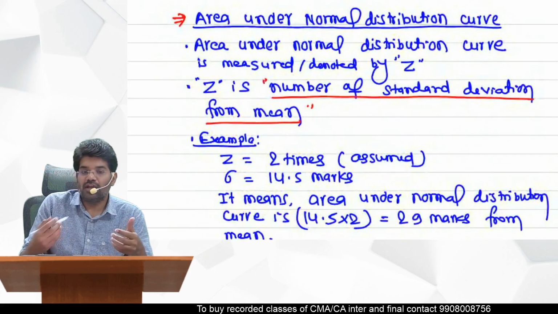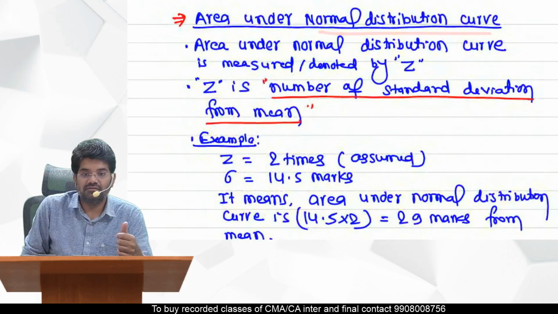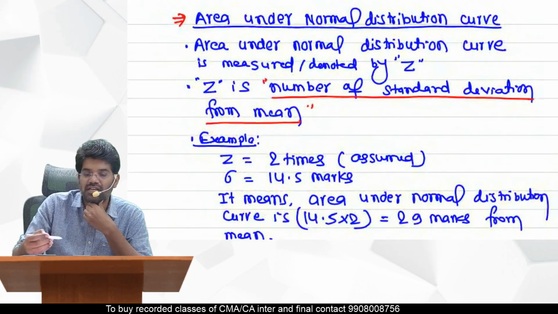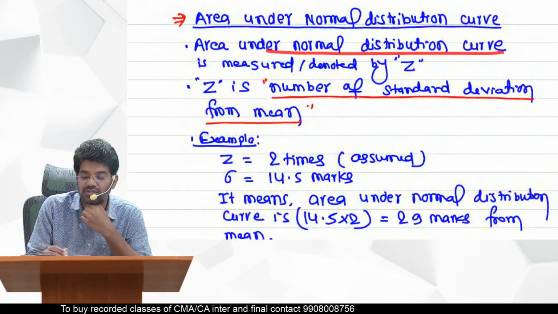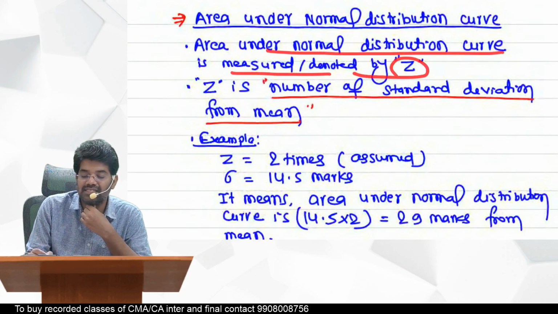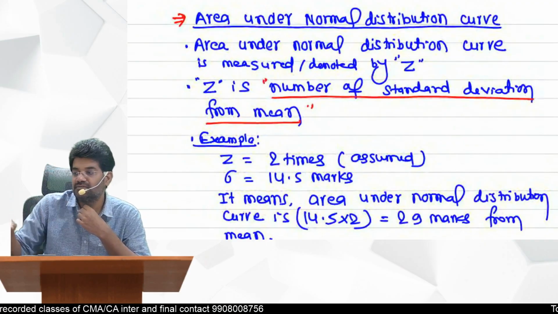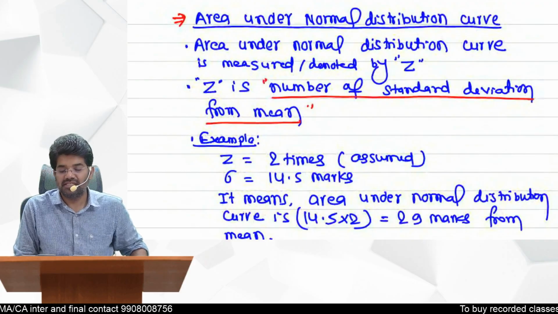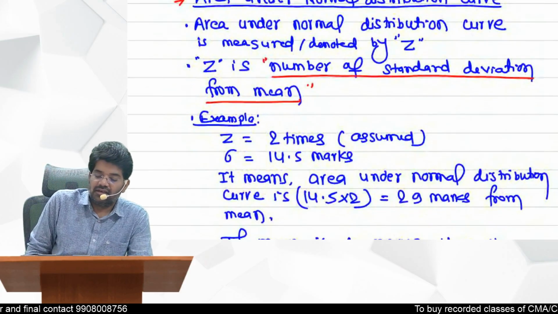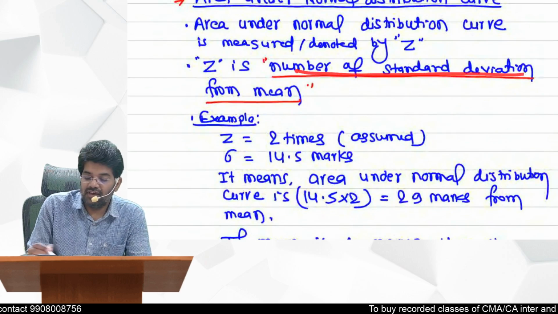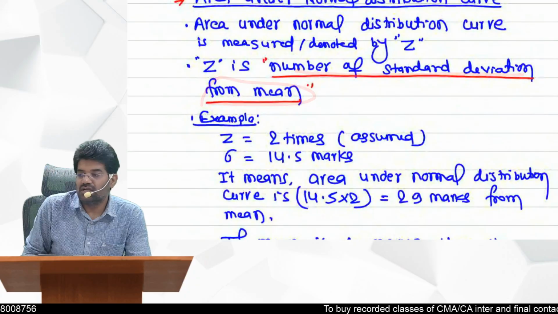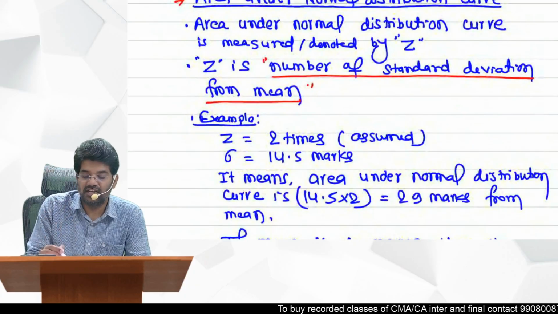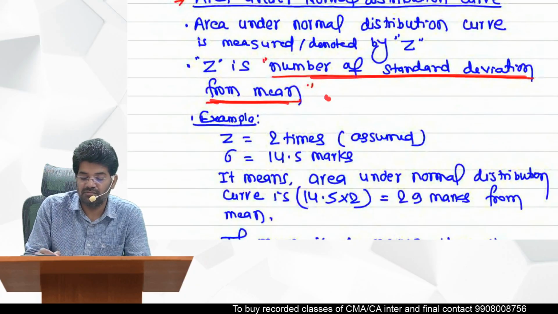If you want to find the area under the normal distribution curve, it is measured or denoted by Z. Z is the number of standard deviations from the mean. That is what I was telling you earlier.